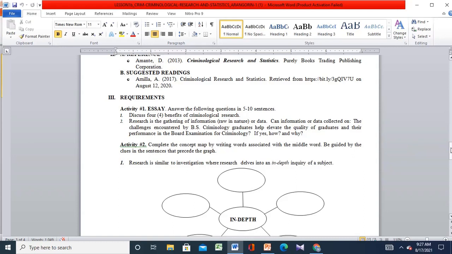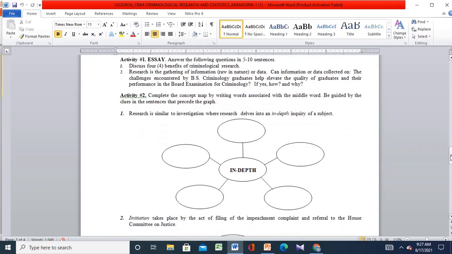Okay? So, for your activity 1, there is an essay and you have to answer each question in 5 to 10 sentences. And then, of course, activity 2 is called the graphic organizer. It is a concept map. Okay? Wherein you write words around the middle word.